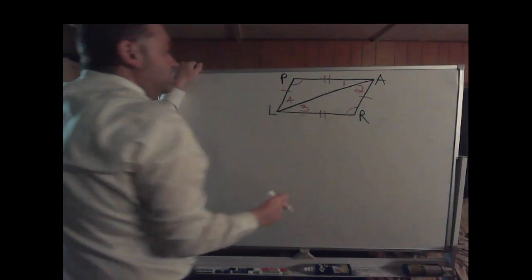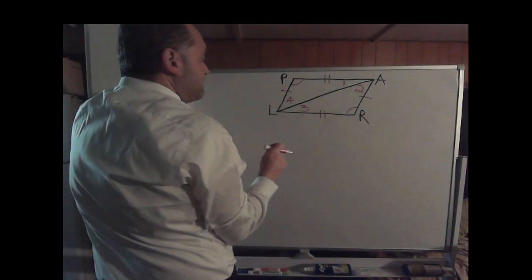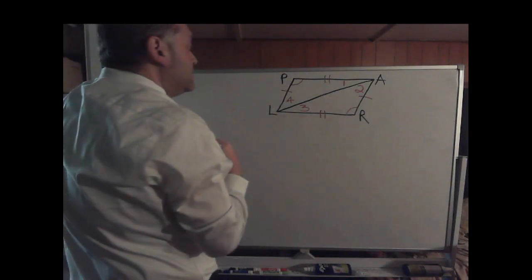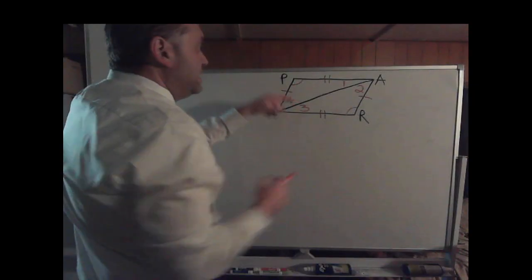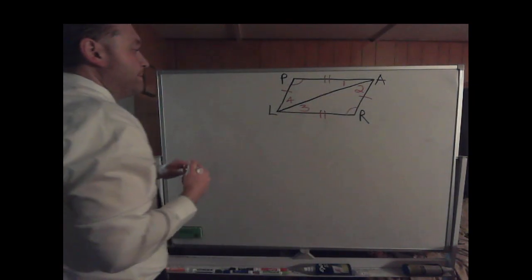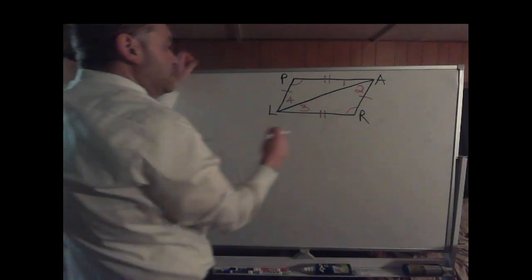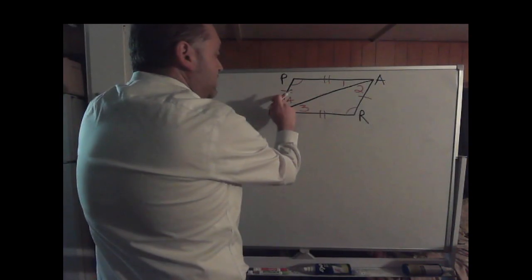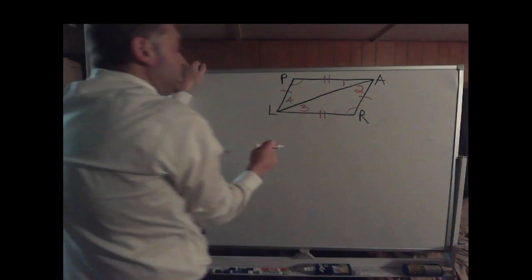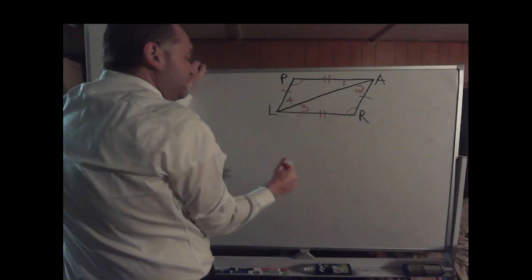PLA, RAL. Yep, by the congruency markers, that's how I determined it between each of these two triangles. So that's how I determined which angles were congruent, and I think looking at it, it's fairly obvious.